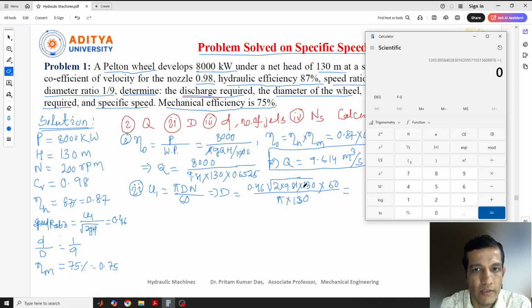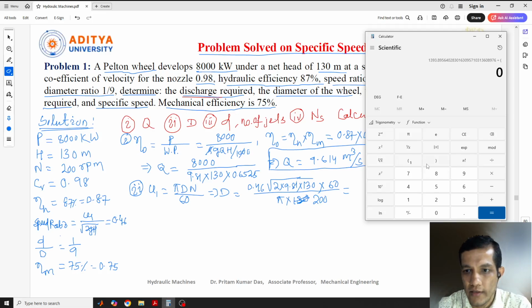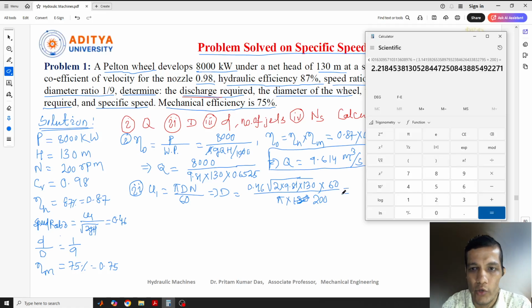Here, if you see, the n value is actually not 130. This is actually the value of 200. That's why I wondered why slightly different values were coming here. Multiply 200, bracket close, 2.218. Near about this value will come.